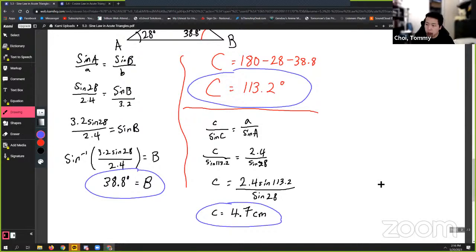Okay, so let's try to make your day easier, right? Let's go through cosine law, and then we're done. That's today's lesson, just cosine law, because to be honest with you, Unit 5 is actually on the shorter side, believe it or not. We're going to be doing our cosine law today.